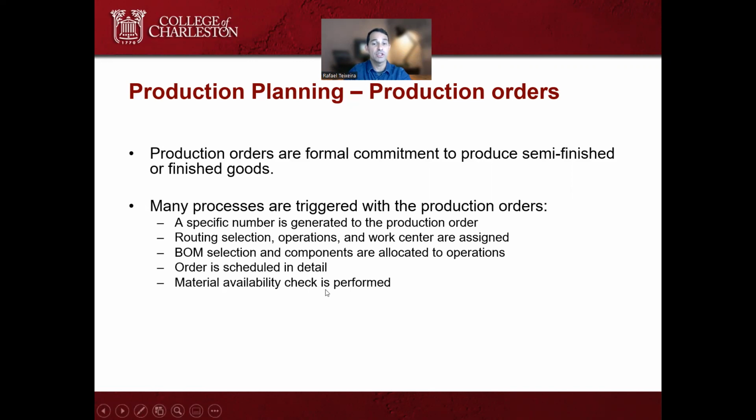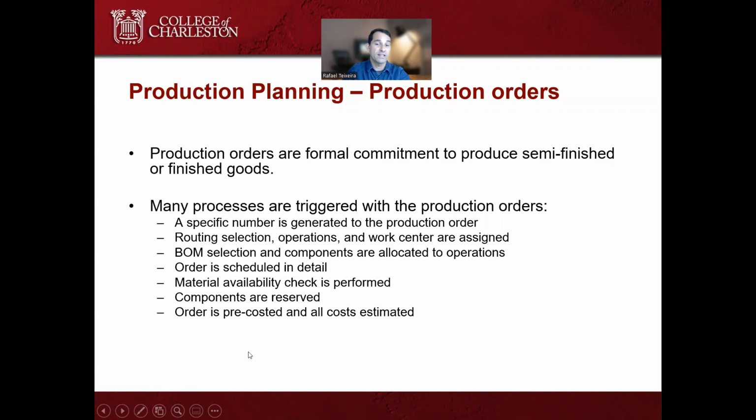Material availability check is performed. So we're going to produce, and we have to check if we have the raw material, the parts in inventory. Then, okay, we do have it. Let's commit, I don't know, 10,000 parts or 2,000 parts for this production order. That's components reserve.